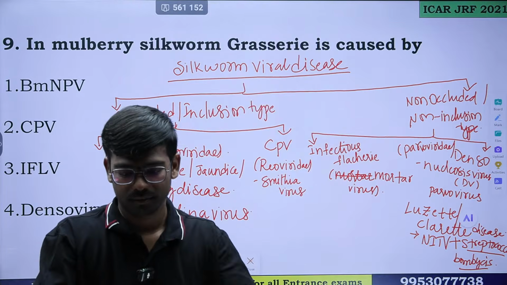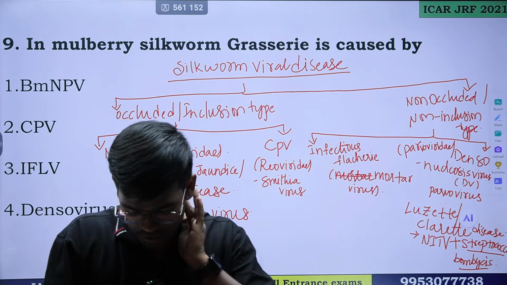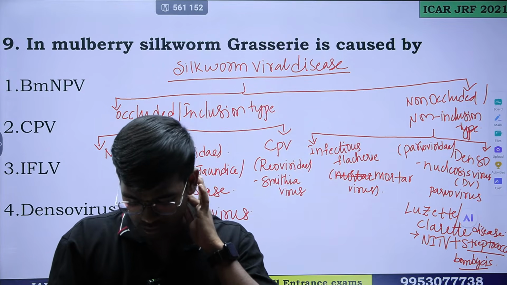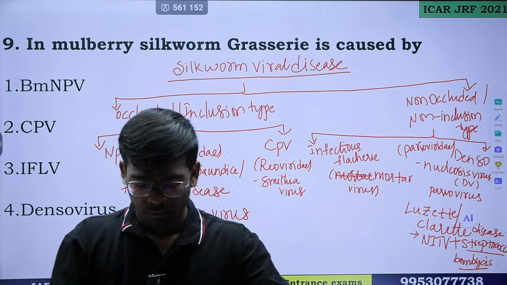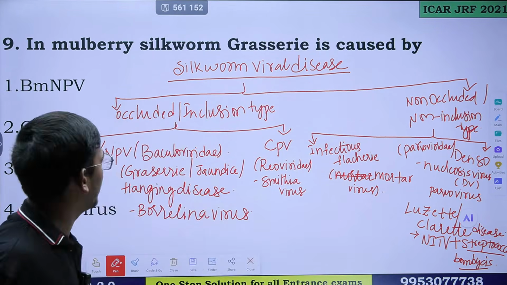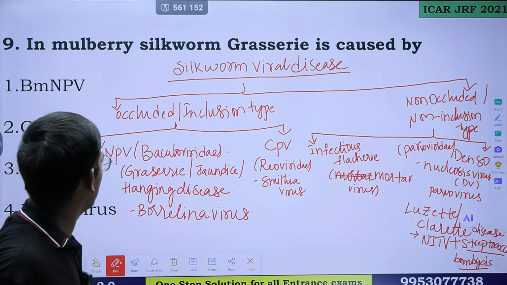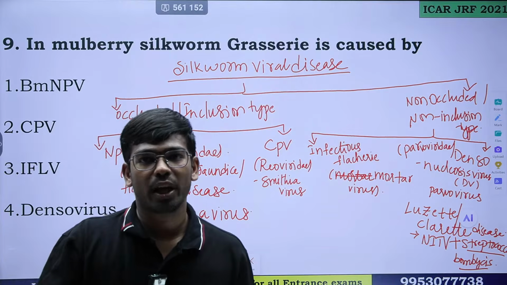Okay, so let us see who sent some messages and replies. Thanks, sir. Okay. So now in the mulberry silkworm, Graseri is caused by BMNPV, that is Bombyx mori NPV.